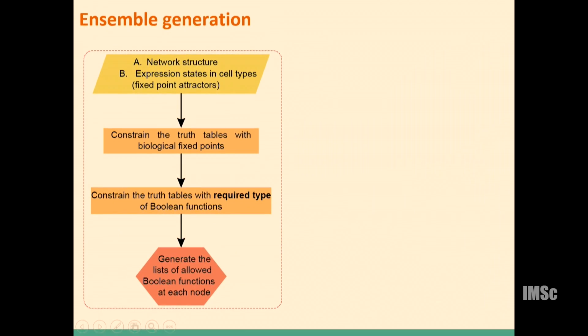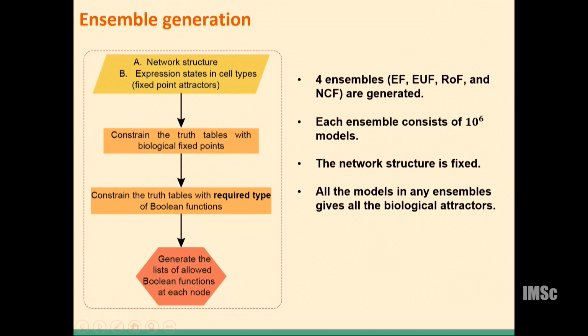For this, we need to generate an ensemble of functions. We have the network structure given, and we know these are the expression states for some specific cell types. So we constrain the truth table of the function using these biological fixed point constraints, then we constrain the truth table with the required type of Boolean functions, and finally we generate the list of allowed Boolean functions at each node.